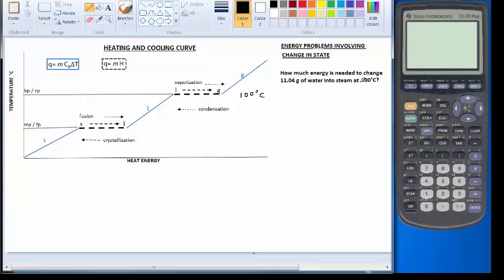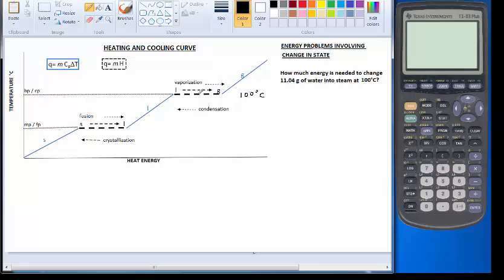Because 100 degrees is the only temperature that they give us, we know that the part of the graph that we're looking at is only this part of the graph, the part where liquid changes into gas, or in other words, where vaporization occurs.